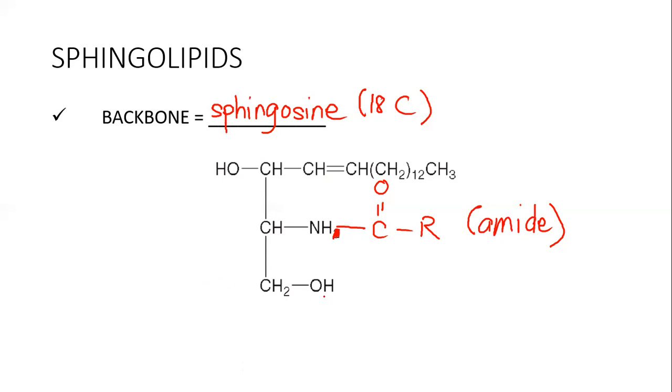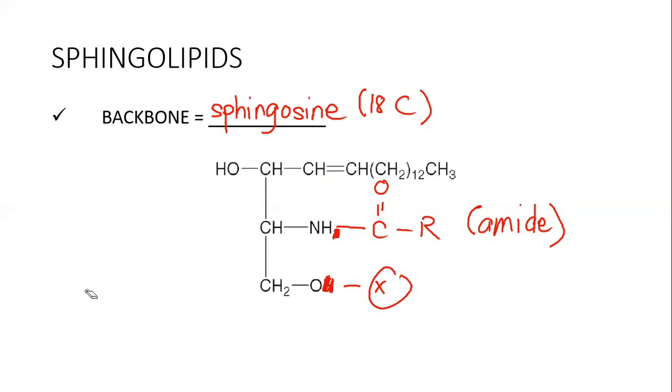So class, this is where the OH group comes in. If fatty acid binds to the NH2, then to the OH group, different types of polar structures or polar compounds can bind. Like the oxygen in the phosphate group of phospholipids, the OH part at the end of the sphingosine backbone can be attached to different types of polar head groups.